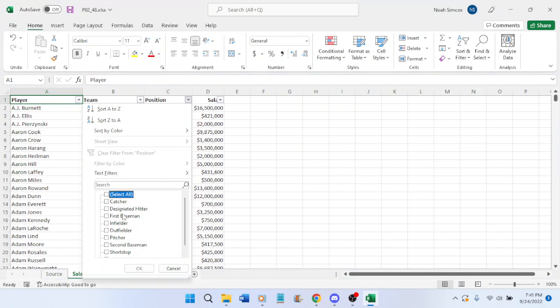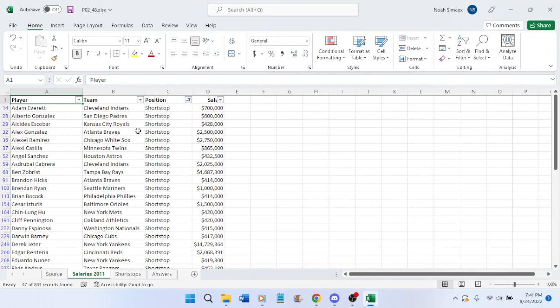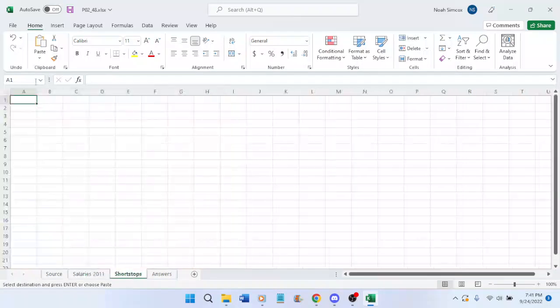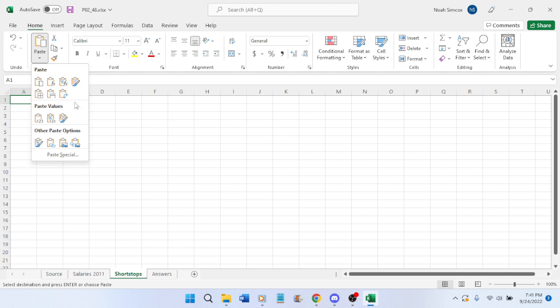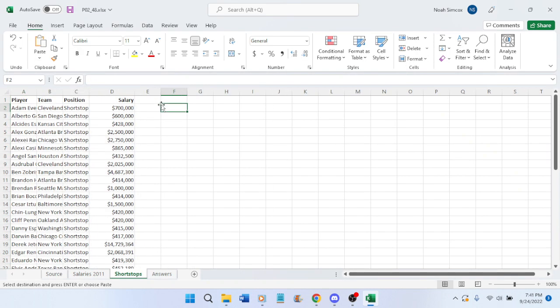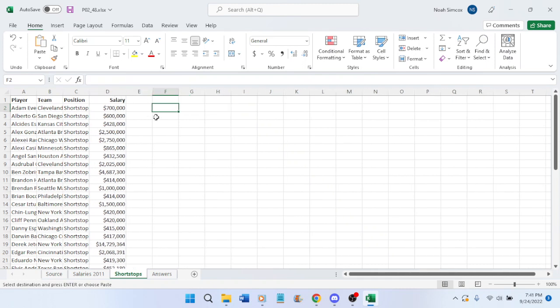Position. Shortstop. Paste. Values. Save.